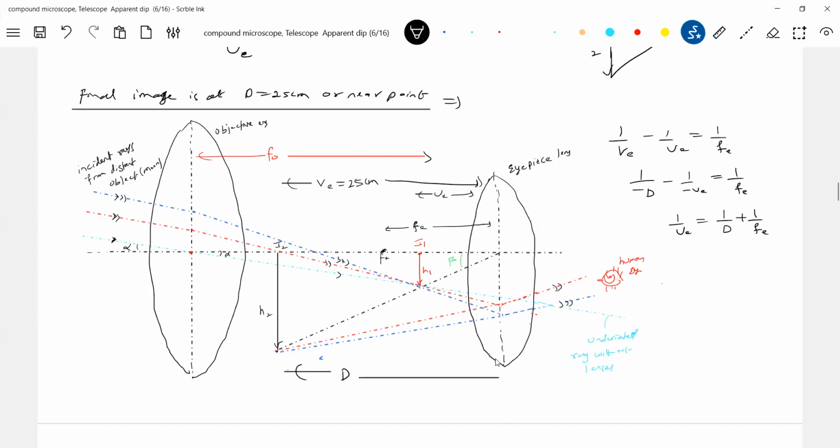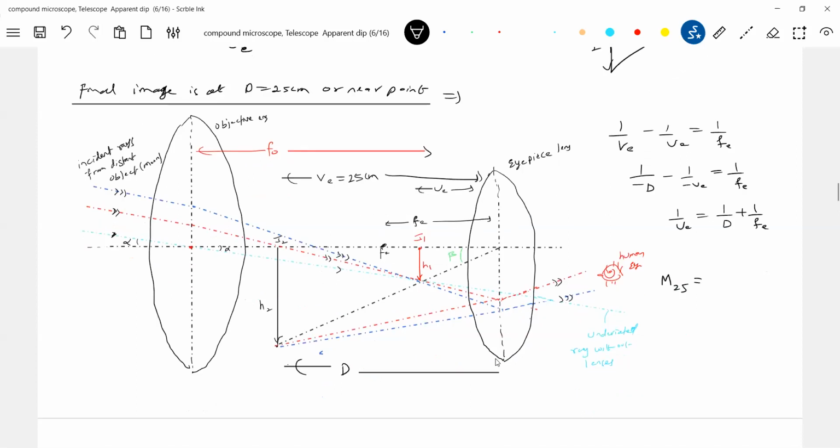So then what is the magnifying power formula? M25 should be equal to what, like F naught. In place of 1 by UE, I should write 1 by D plus 1 by FE. I think better to remember this formula here. So this is the magnifying power.